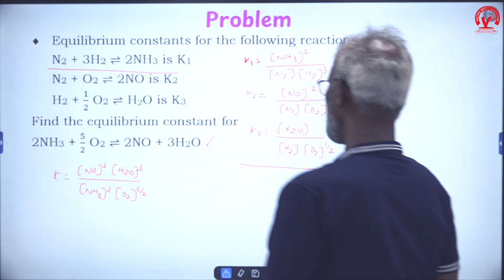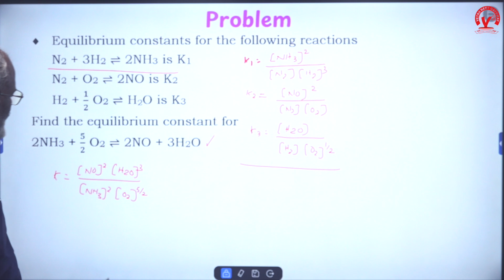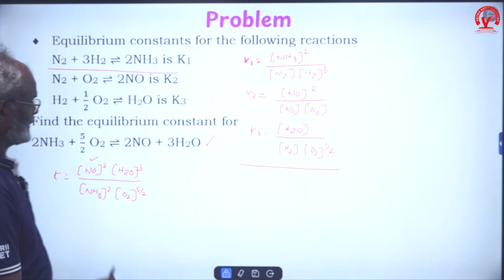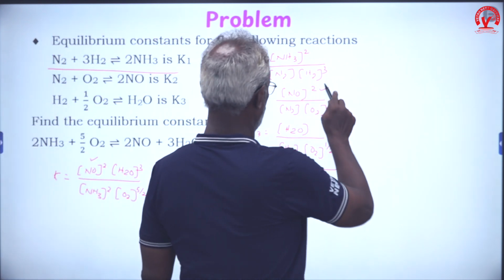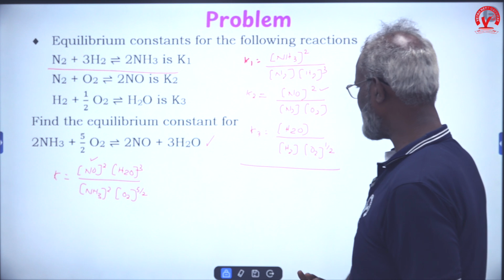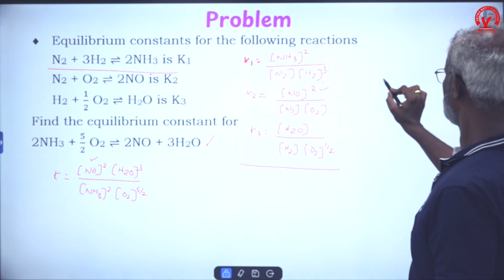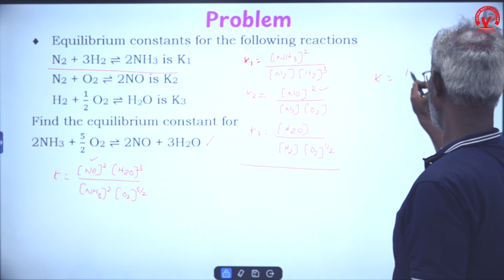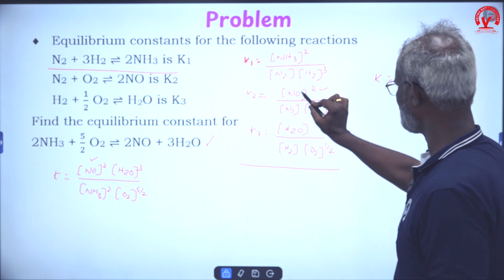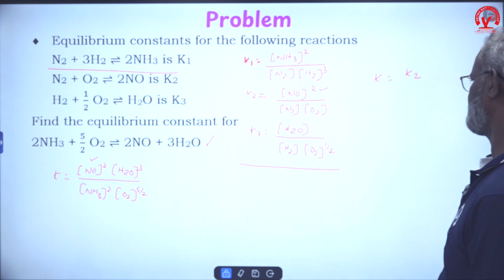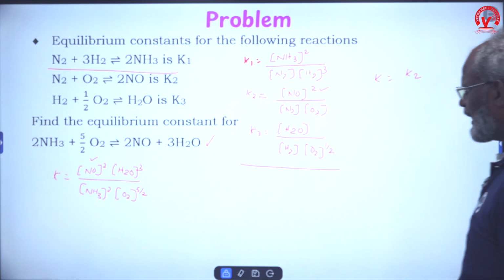Now compare these reactions. Listen, the NO square is here, and the NO square is there. NO is not there in any other reaction, so we can say K will involve K2. K2 simply has NO squared. Then you look at H2O.